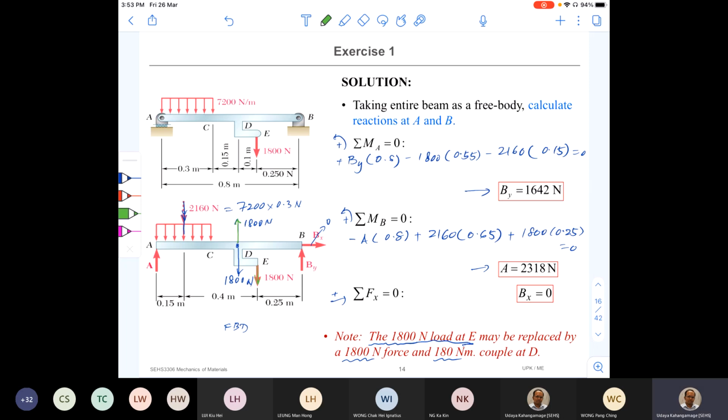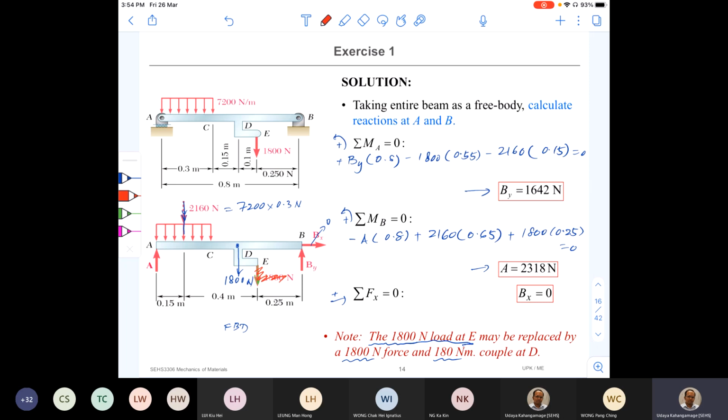So instead of showing the two forces, I'm going to replace these two with a couple at point D. Let me erase this 1800 Newton and this one as well, and replace it with a couple. That couple is equal to 1800 times the distance between the lines of action of the two forces.